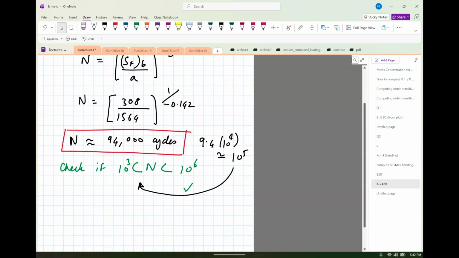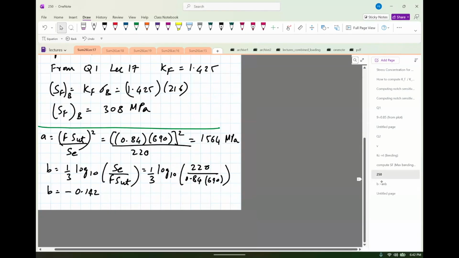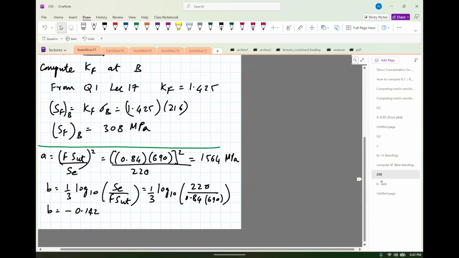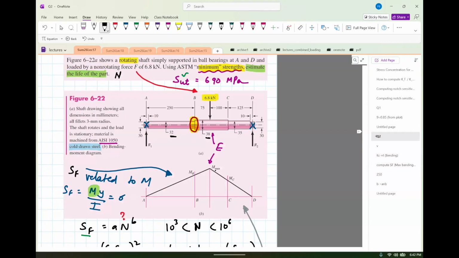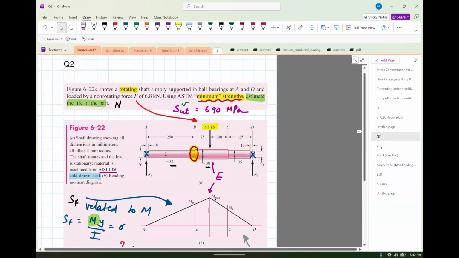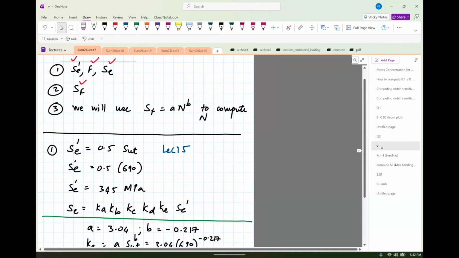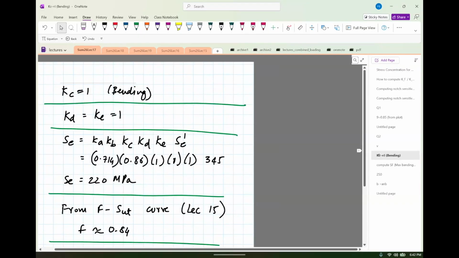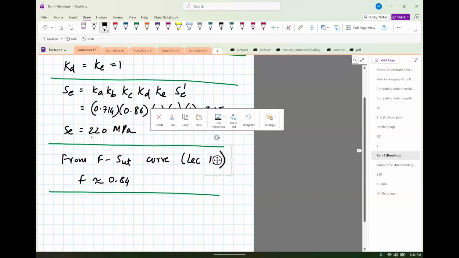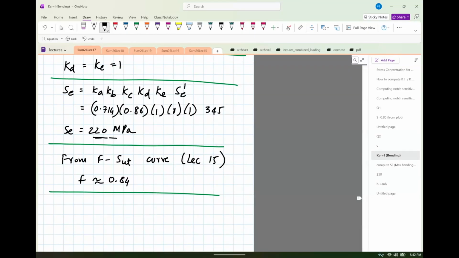Let's say in this calculation, if you found out that SF, now SF is 308, was less than SE, let's look at SE. SE is, where did I put it? Here maybe. Yeah, SE. So if SF was less than 220 MPa, then it's infinite life, right?